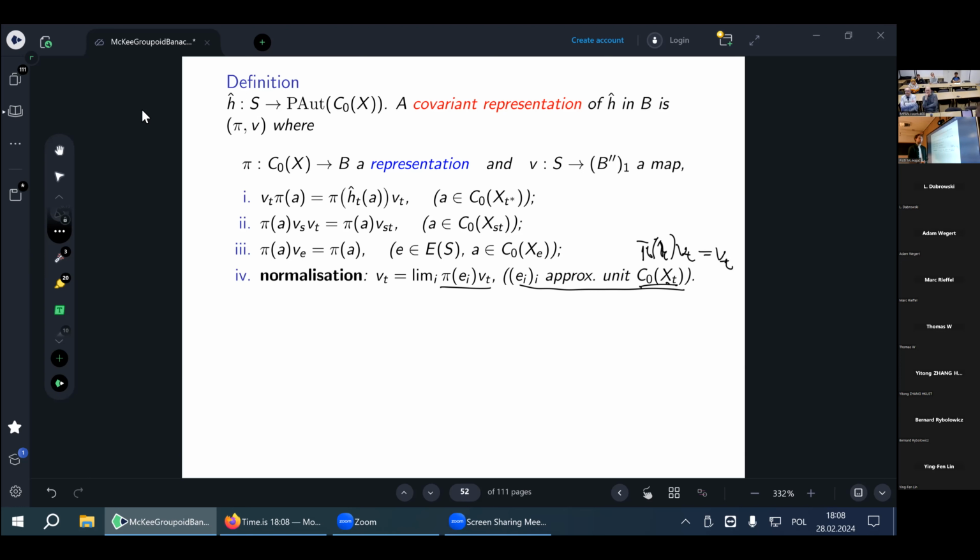But in general, this XT here is not unital, so we have to work with approximate units. And that's where this double dual comes in. This limit is taken in the topology coming from the pre-dual of the double dual, coming from the dual of the.